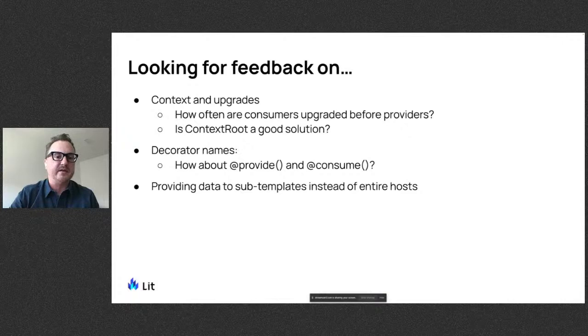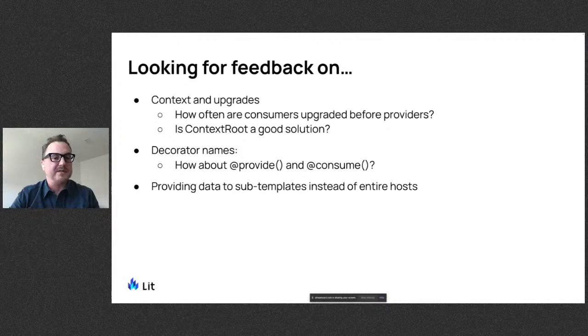Specifically, we're looking for feedback on a couple of issues. One is upgrades. If you have lazy element upgrades, how often do you need to upgrade a consumer before a provider, asking for a value before it's available? We have a solution for that called context root. We want to get some feedback on if it's good. The decorator names are a little bit long and they only differ by one letter, so they're kind of hard to differentiate.